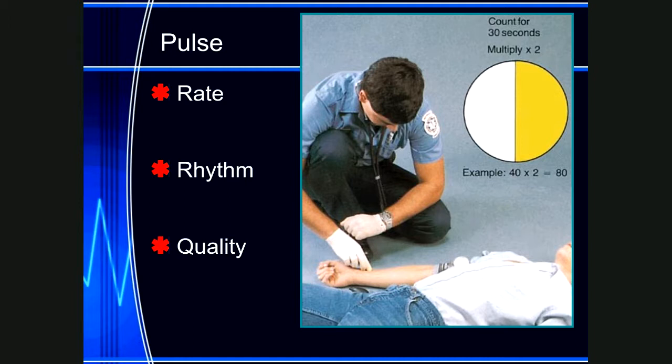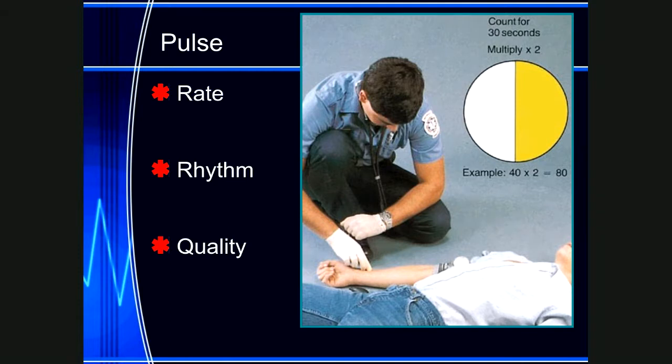We're concerned with three factors. Is there a pulse? What is the rate of the pulse? What is the quality of the pulse? And we count the pulse rates during a 30-second time period and multiply it by 2. And the rhythm of the pulse, we want to make sure that it's a constant rhythm.